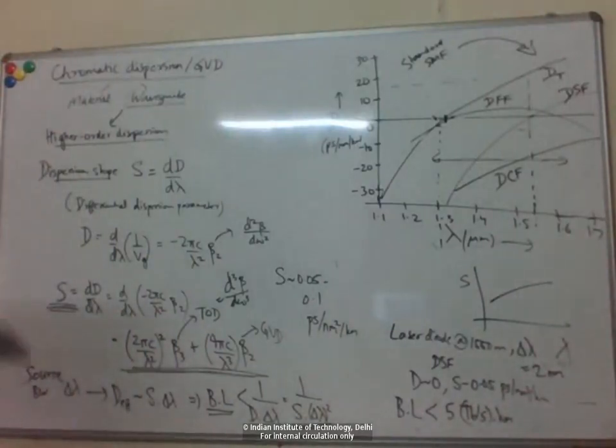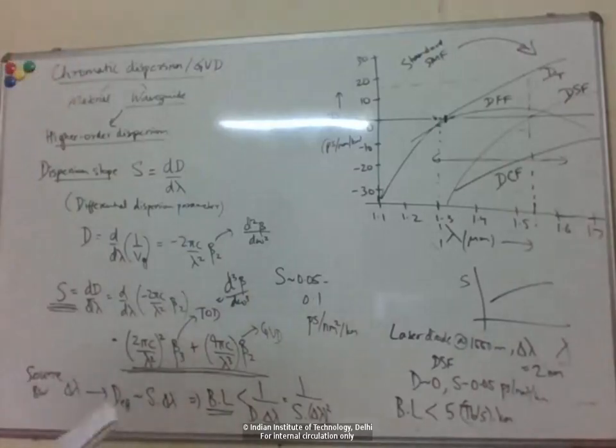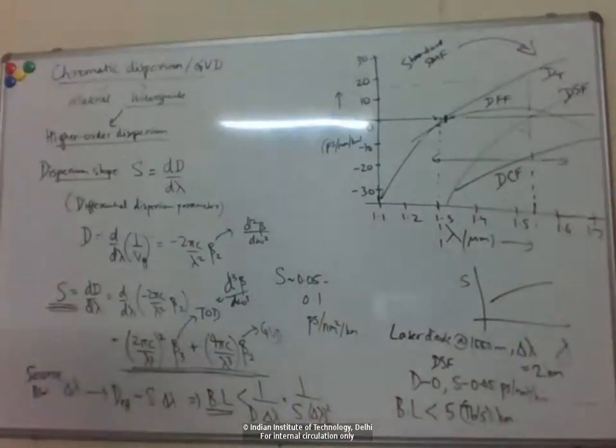So that finishes our discussion on chromatic dispersion or intramodal dispersion, which is the dominant dispersion mechanism for modern day optical telecommunication systems. Any questions on this?